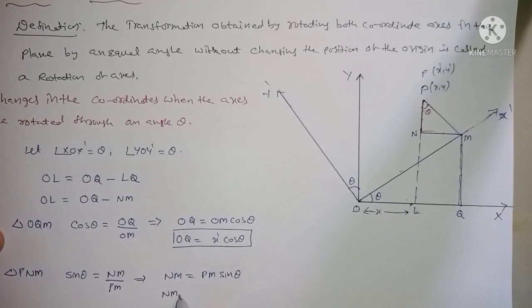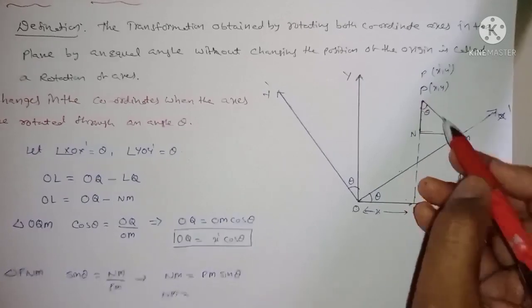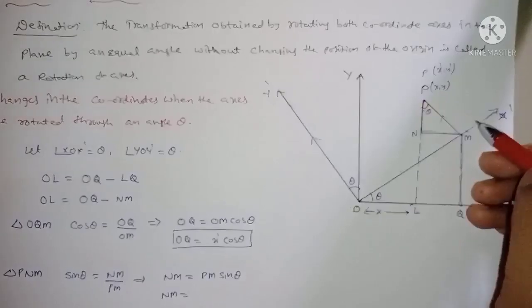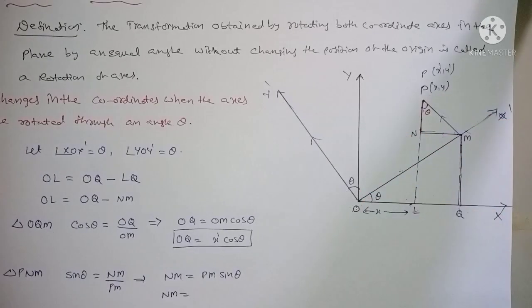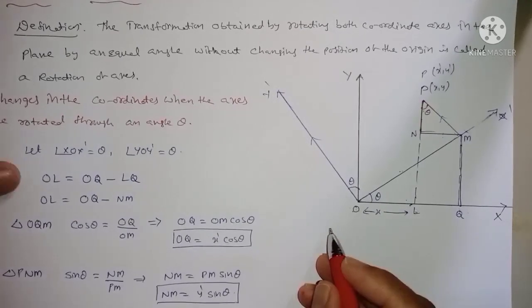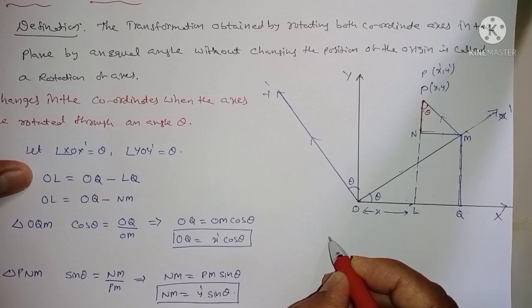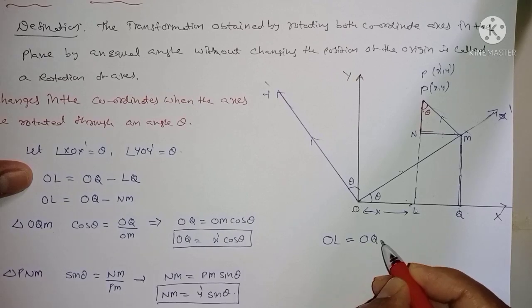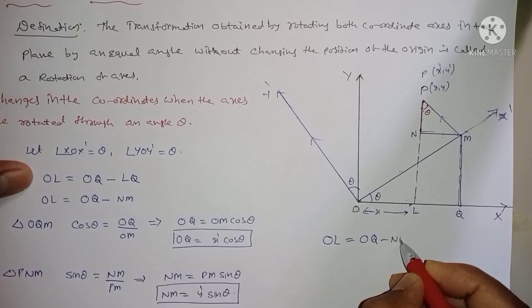The direction of PM is the direction of y dash, therefore you can write y dash sin theta. Clear? We got these two values. Therefore we have OL is equal to OQ minus NM.